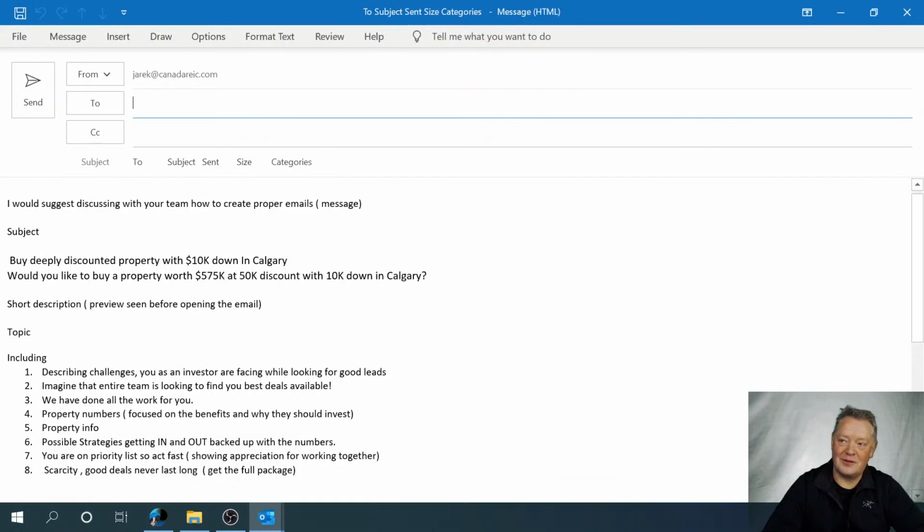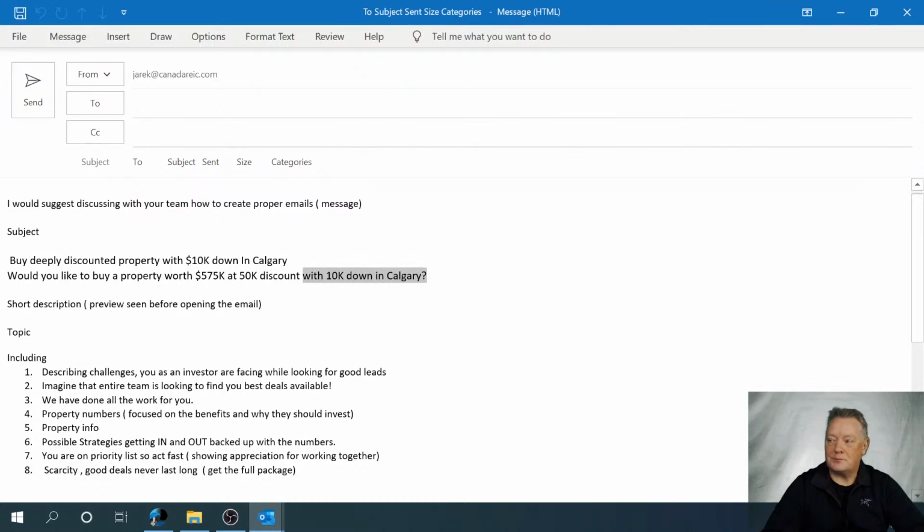So for the subject: buy deeply discounted property with 10K down in Calgary. A very, very intriguing subject, right? Would you like to buy a property worth 575 at a 50K discount with 10K down?